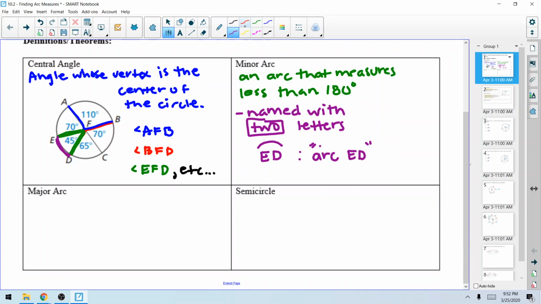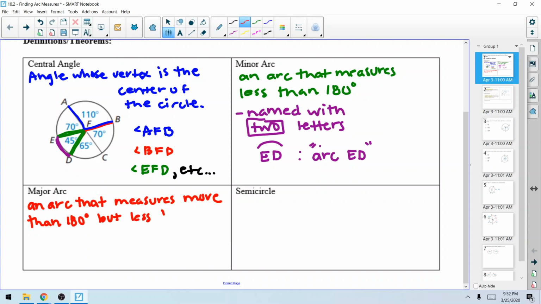Major arc. A major arc is an arc that measures more than 180 but less than 360.